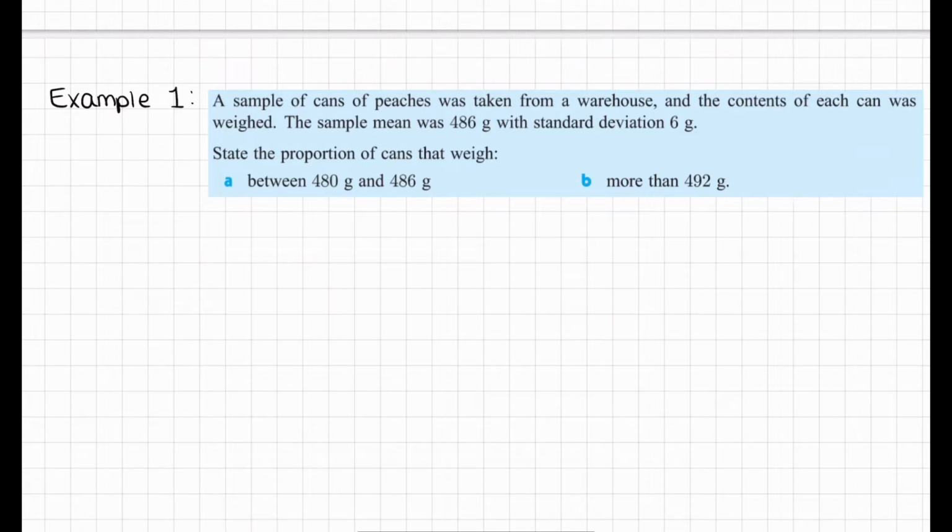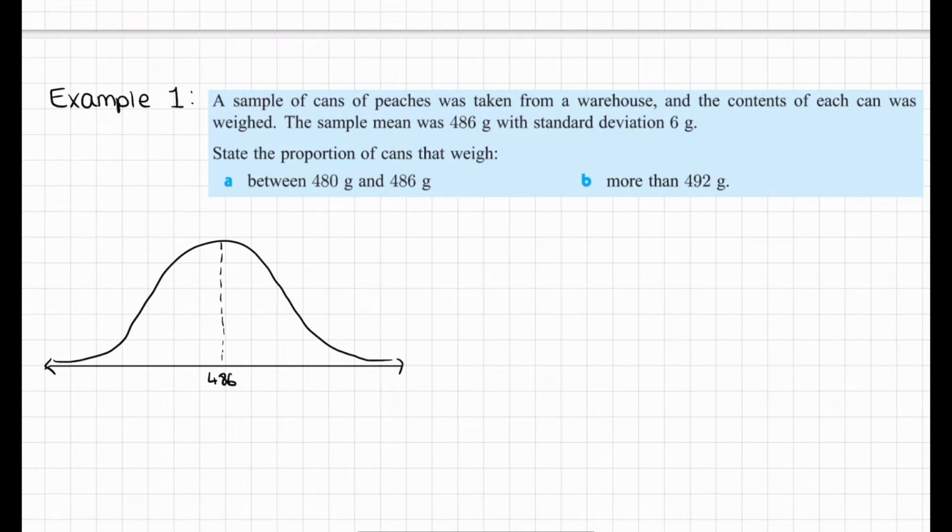So if we think about plotting this on a normal distribution curve, our mean is at 486 grams. So that's going to be halfway. Now our standard deviation is 6, so our next section across above that would be 492, and then that same below is 480.